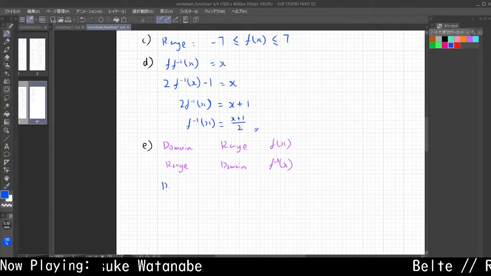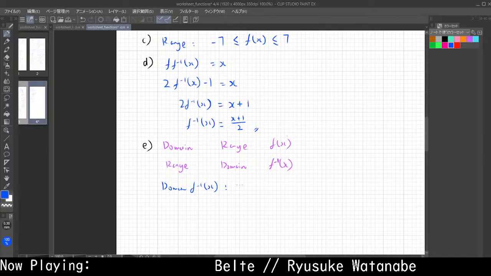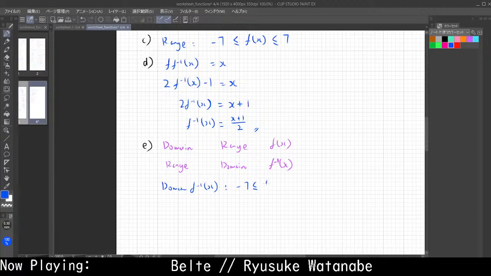So the domain of your f inverse is equal to the range of your f(x), which is already given.